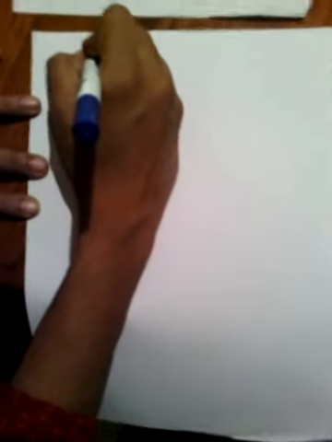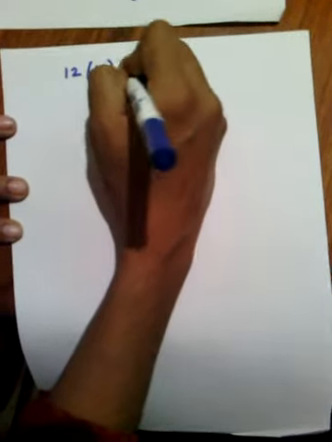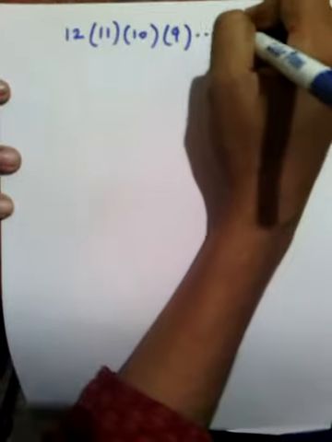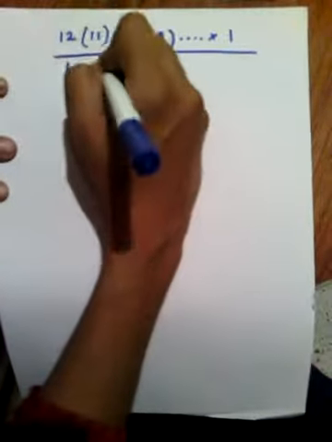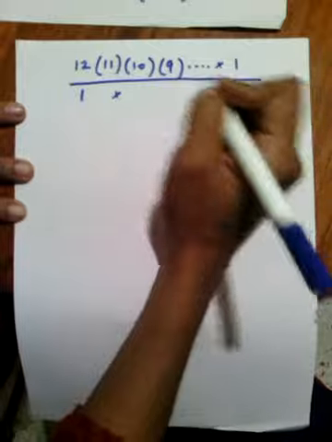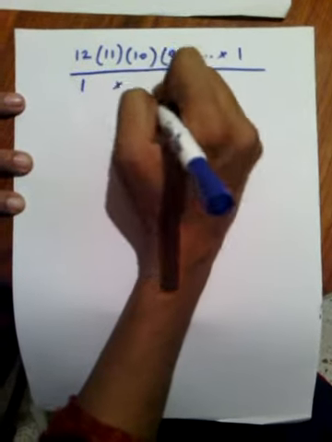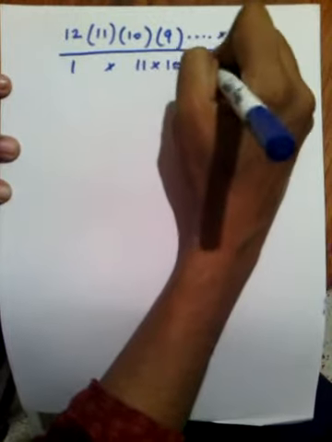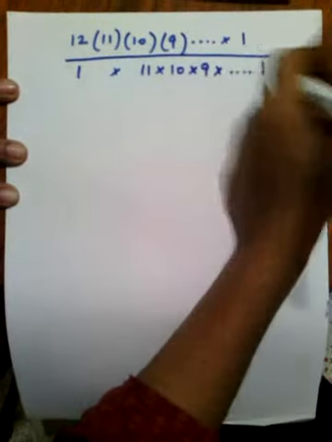So the first term is 12 times 11 times 10 times 9, etc., all the way to times 1, divided by factorial 1, which is just 1, times factorial 12 minus 1, which is factorial 11. What does factorial 11 mean? It is 11 times 10 times 9, all the way to 1.